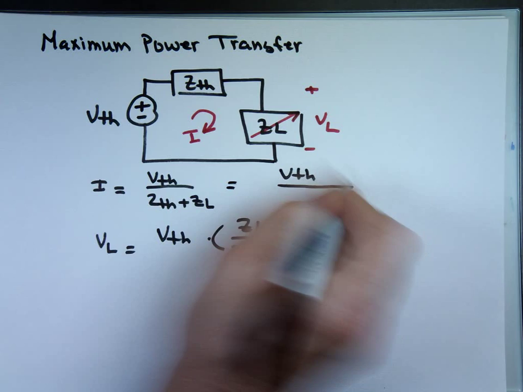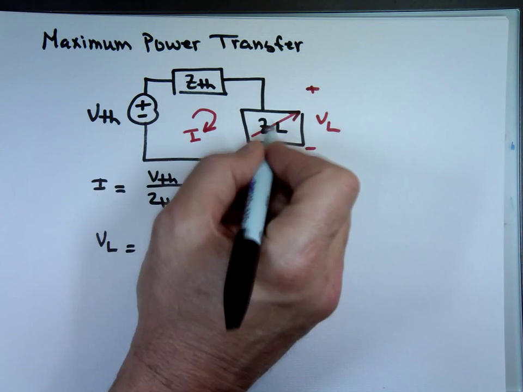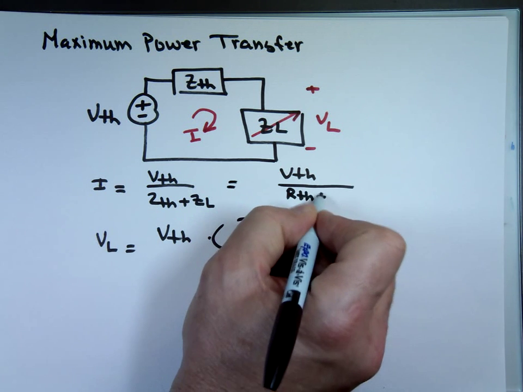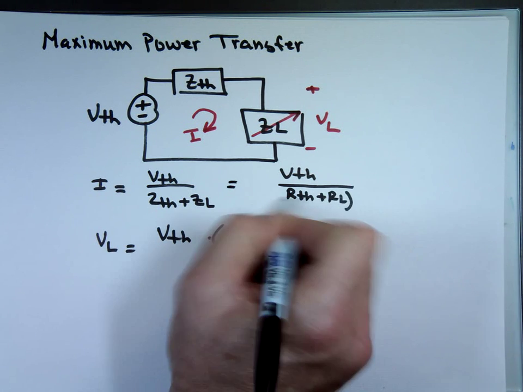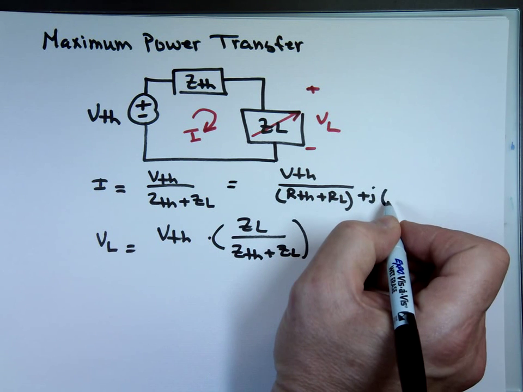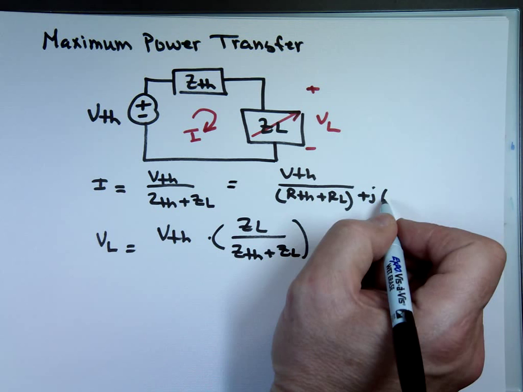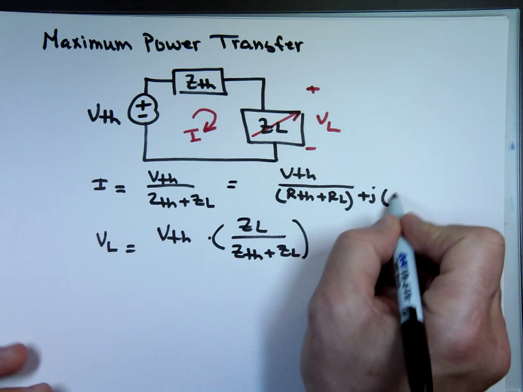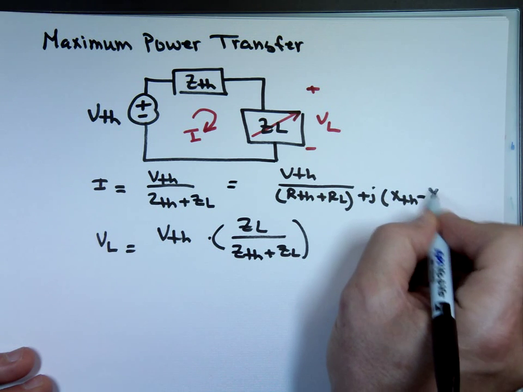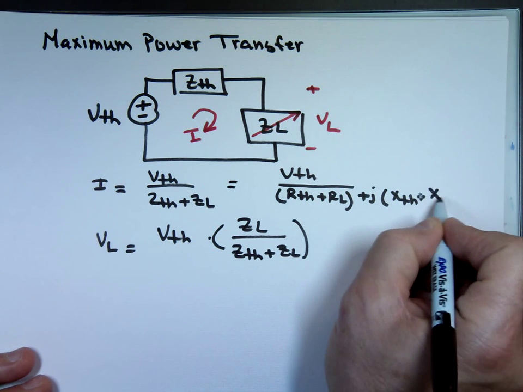We know Z Thevenin is going to have a real and imaginary part, so does this. So this is R Thevenin, the real portion, plus RL, and has an imaginary value of j, X Thevenin, that's the imaginary part, plus XL.